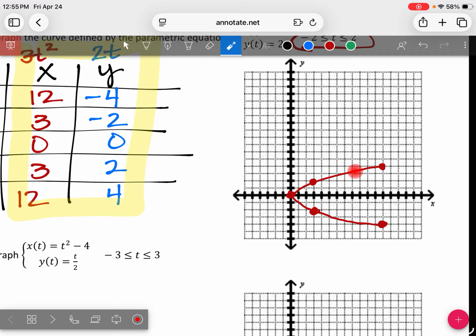So am I starting here and going down, or am I starting at this point and going up? Well, we know my first point is here, and the curve is traveling this direction, which is why we need to put a couple of arrows kind of showing the direction of the curve. And that is it. That is how you graph a parametric curve.